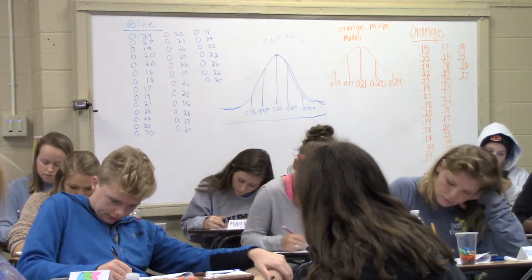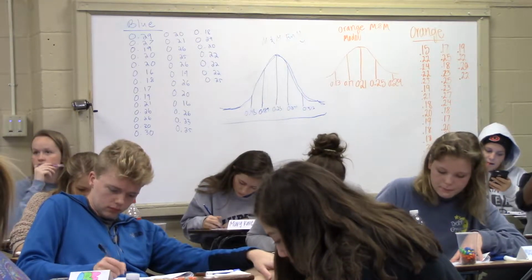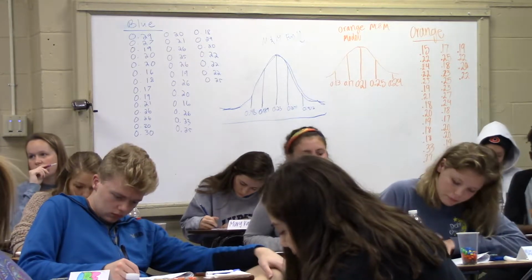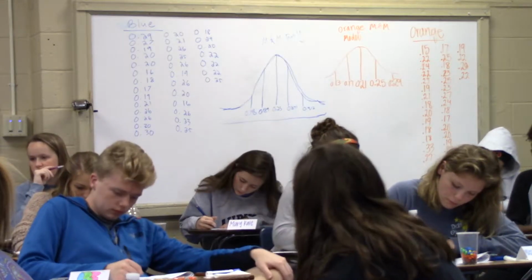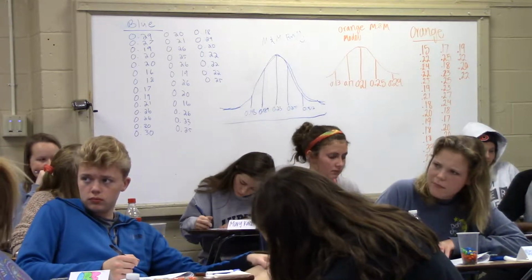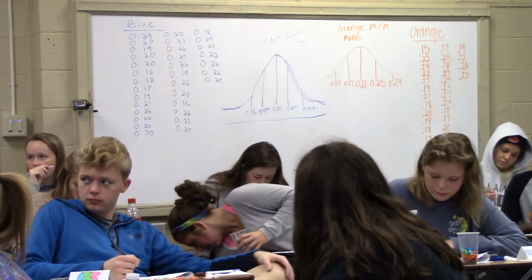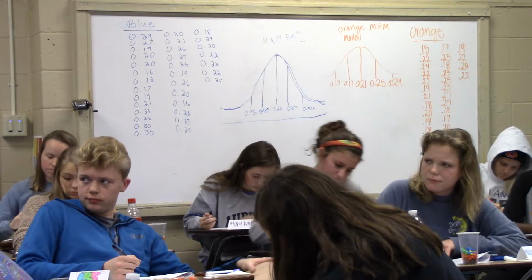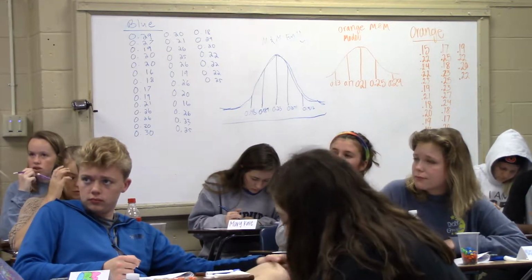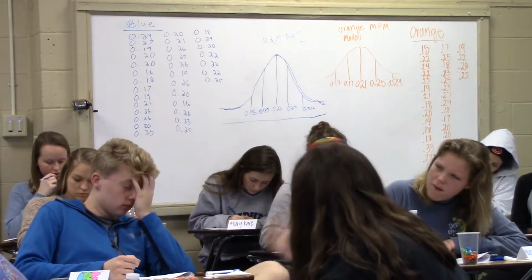So on my blue, 20%, if we're looking at our model over here, is between the mean and +1, which is 0.189. On the AP test, I make my students draw in where they label their 0.20 and shade it in, because I'm interested in what is the Z-score for 0.20.